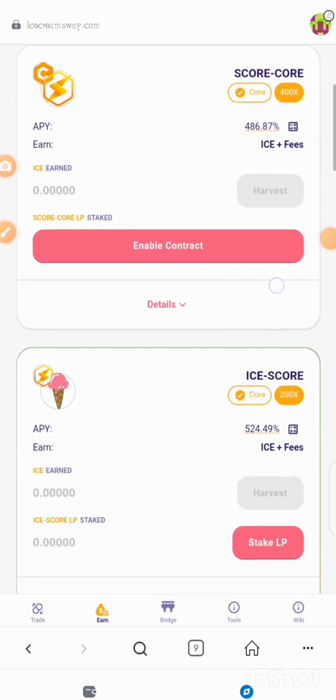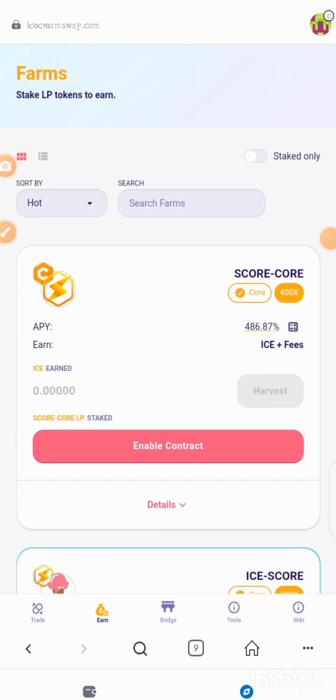Now, this liquidity farming is all about providing liquidity for people that are trading on these particular tokens. The more they trade, the more they pay you. If you look at the percentage, S core versus core has around 486%.